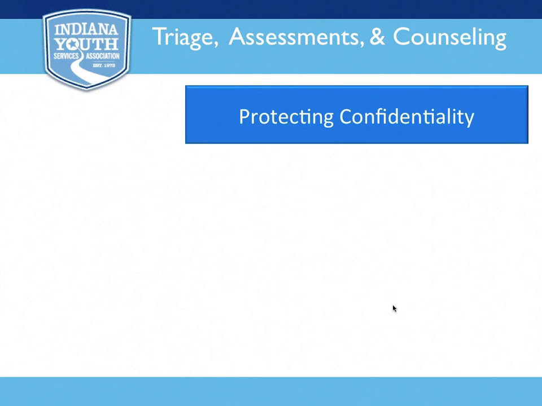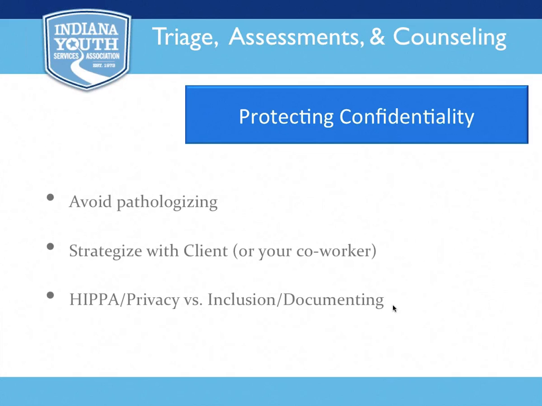I think another very, very key piece in this triage, assessment, and counseling is protecting confidentiality. For the most part, if you're a YSB, it's required for accreditation that you have policies and procedures around confidentiality. But let's take this a step beyond and understand that it also means avoid pathologizing the young person.